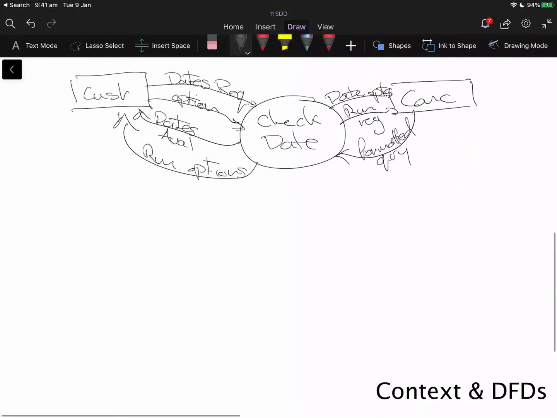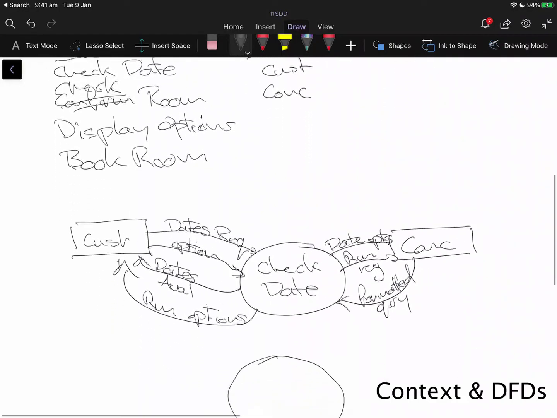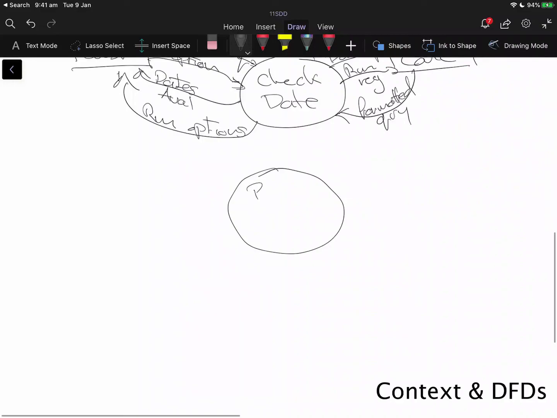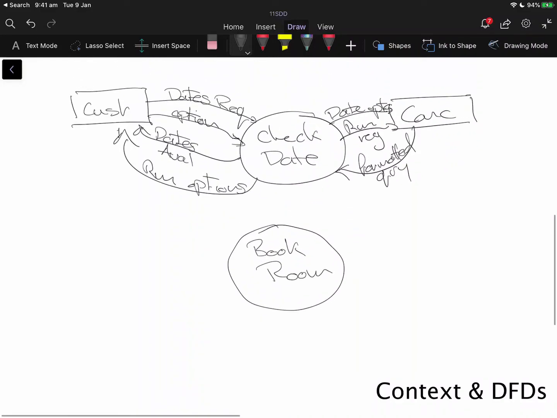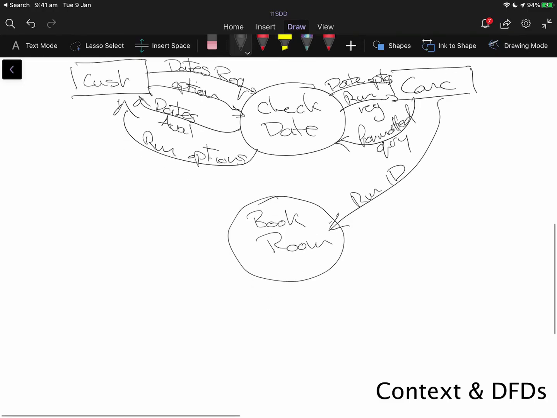Okay, so let's look at another one here. Let's say that we've also got, what did I say we're doing? Book room. Okay, so we're going to book a room. Well, when it comes to booking a room, the concierge might put in there the room ID that's going to be booked, so which number it is, and it'll send back whether it's been booked or not, so verify book.